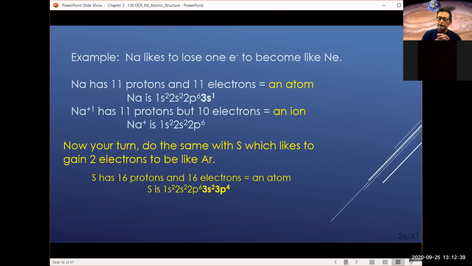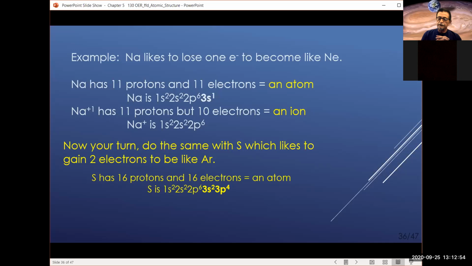So that tells you that there are 4 p electrons, okay? And so the electron configuration for sulfur in the neutral state, the element, is given as follows.